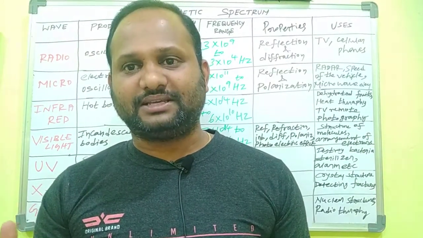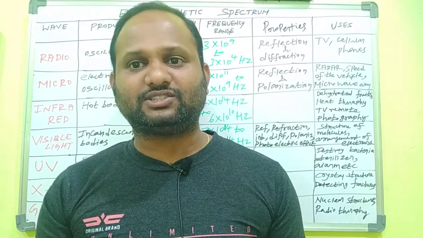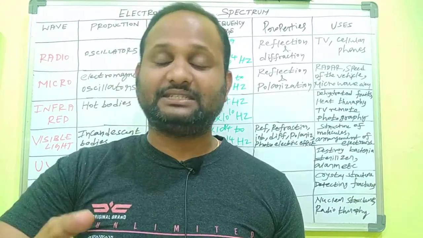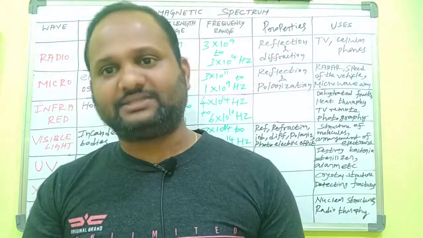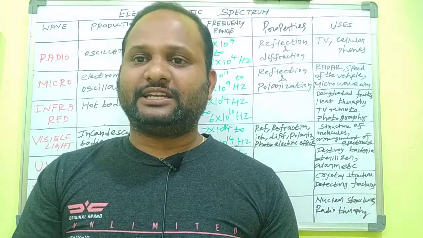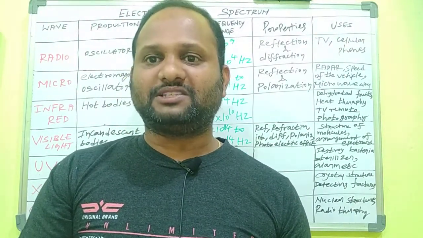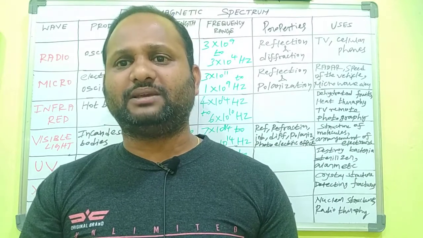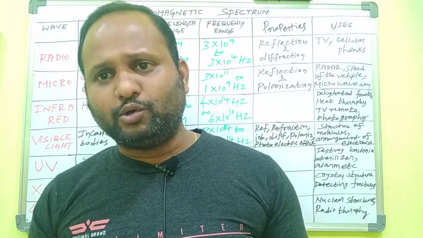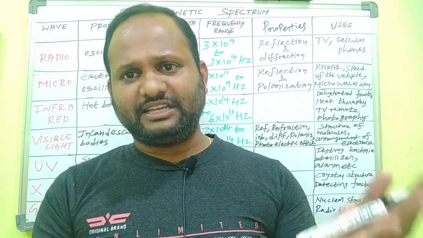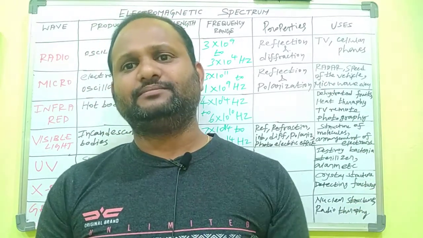When compared to X-rays, its penetrating power is large, but ionization power is less, though it is able to ionize. X-rays are also able to ionize, but X-ray penetrating power is less when compared to gamma rays. Gamma rays' penetrating power is very high. Why? Because it is a neutral particle. It is not a charged particle. It can penetrate anywhere.